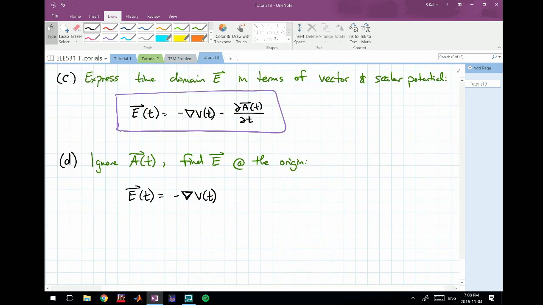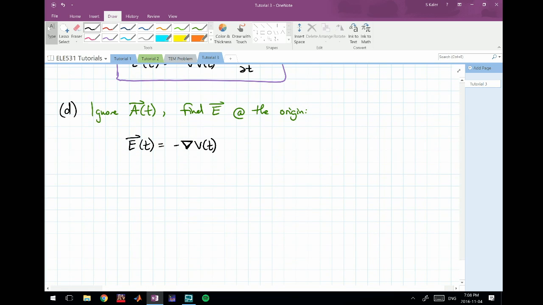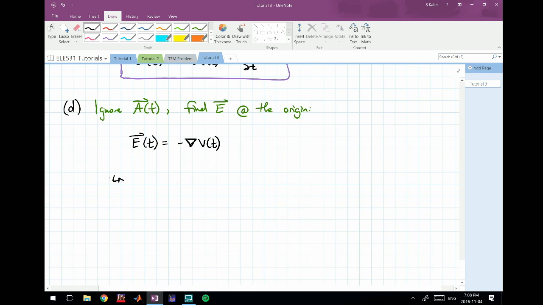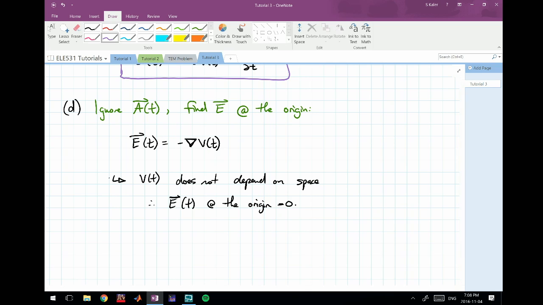The reason it's 0 is because V of t does not depend on space. Therefore, E of t at the origin equals 0. What is the gradient? The gradient is just the derivative of the thing in every direction.